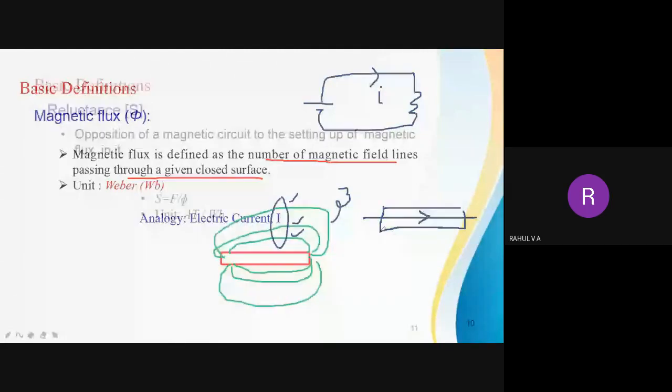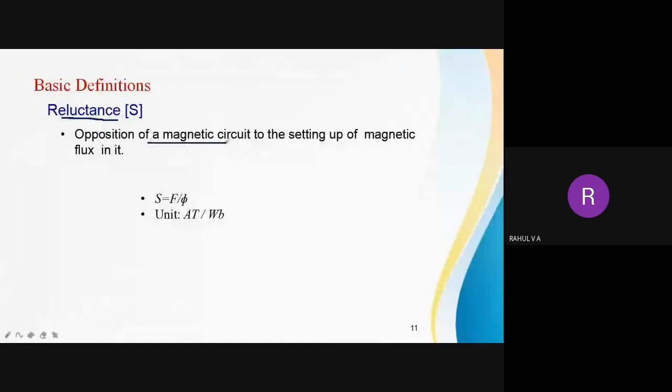Then reluctance. Reluctance is the opposition of the magnetic circuit to the setting up of magnetic flux in it. Normally in an electric circuit, what is resistance? It is opposition to the flow of electrons. Normally we say that flux will not flow, flux will build up. Flux is actually building up in the material.